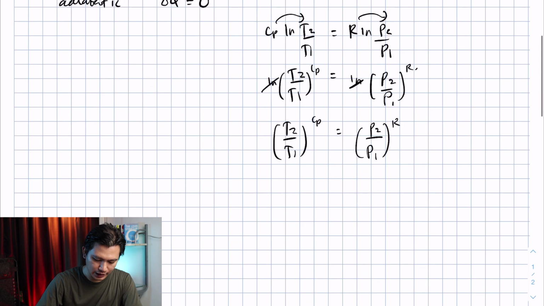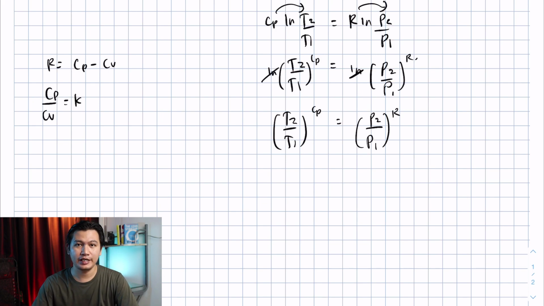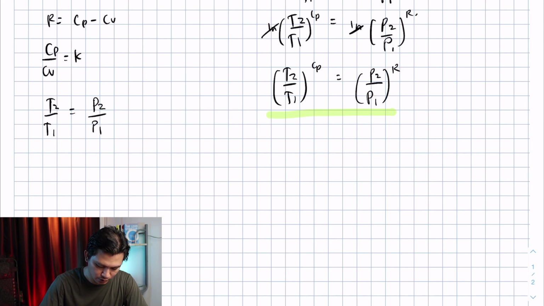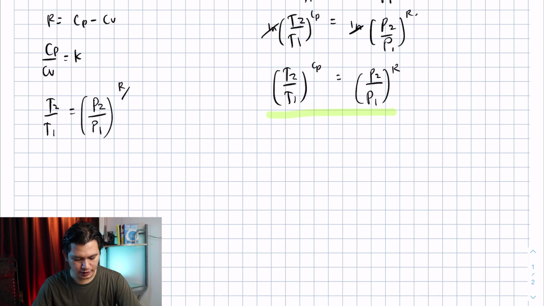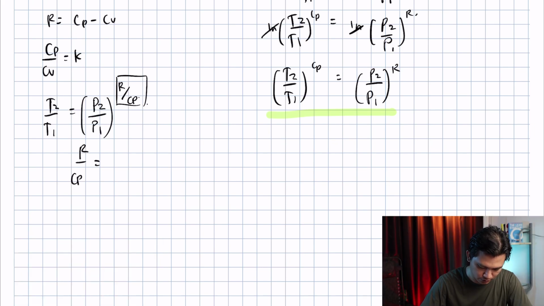But we know that R is actually equal to Cp minus Cv, and Cp over Cv is called the specific heat ratio, which is K. If I manipulate this equation, I'm going to write T2 over T1 equal to P2 over P1 to the power of R over Cp. We know that R equals Cp minus Cv, so R over Cp equals Cp minus Cv divided by Cp.